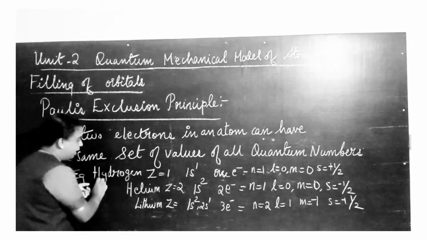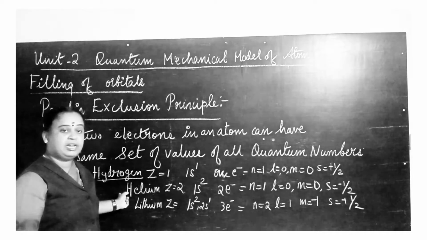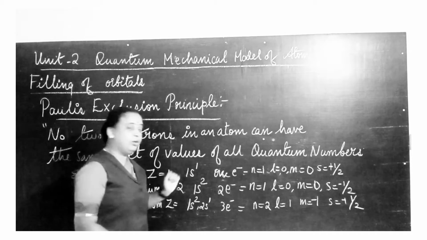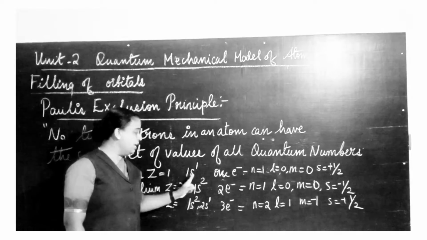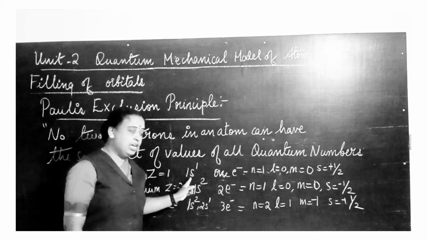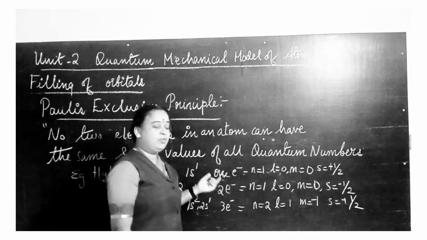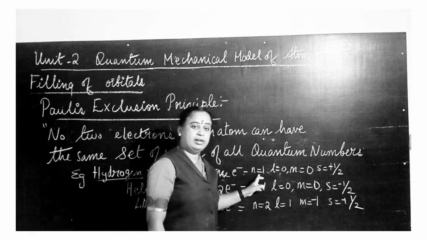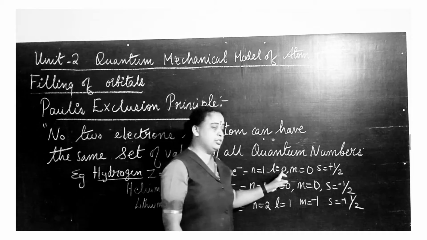Let us take the example of hydrogen. Hydrogen's atomic number is 1. That means only 1 electron is present in this hydrogen atom. Where is this 1 electron present? It is present in the first shell in the s orbital. For that 1 electron, what will be the principal quantum number? 1. Then the azimuthal quantum number will be 0.